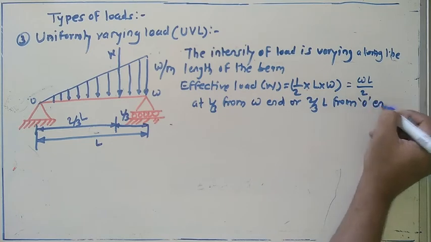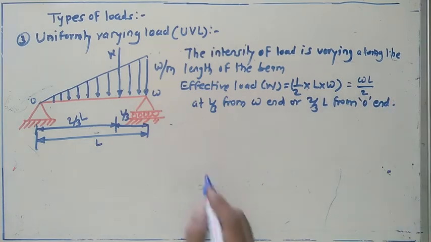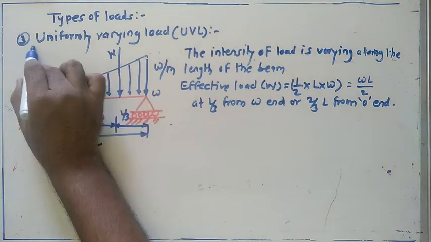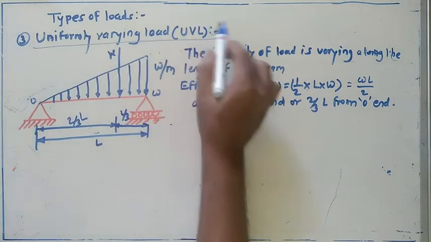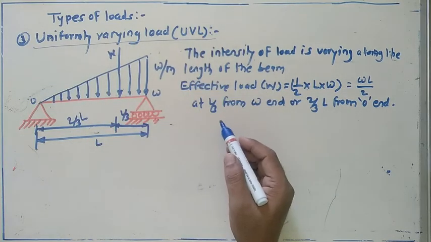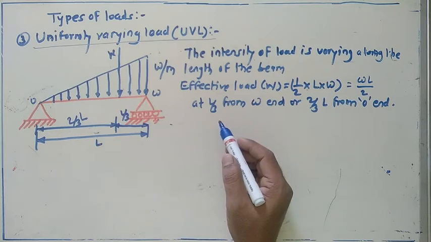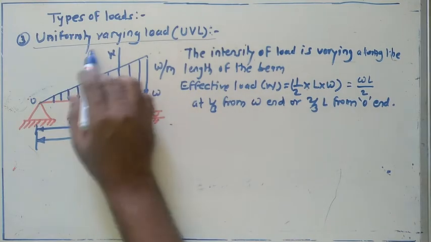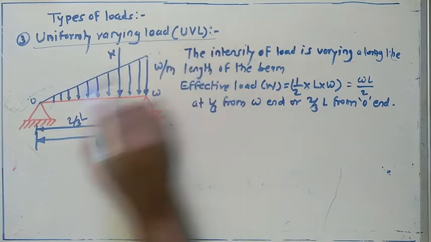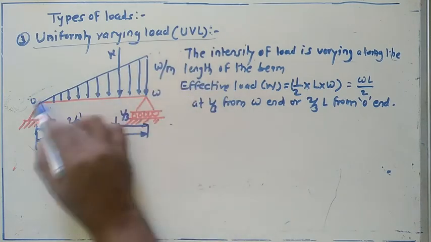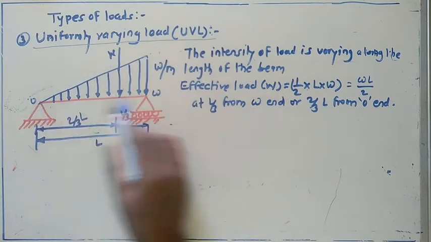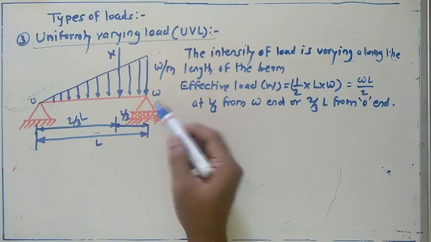I hope these three types of load are clear to you. First one is the point or concentrated load. Next one is the uniformly distributed load. Next one is the uniformly varying load. If this load is uniformly varying over this particular length, I can get the effective load for the same.